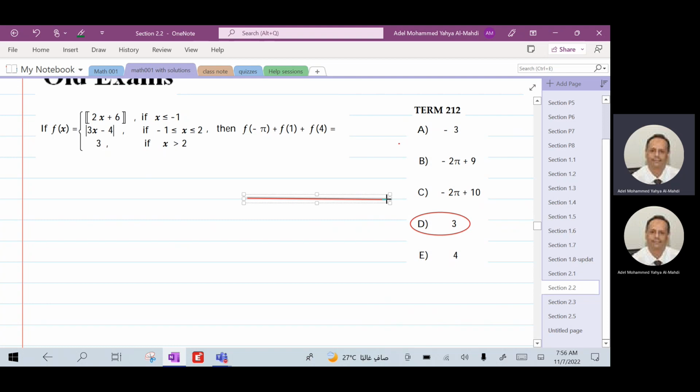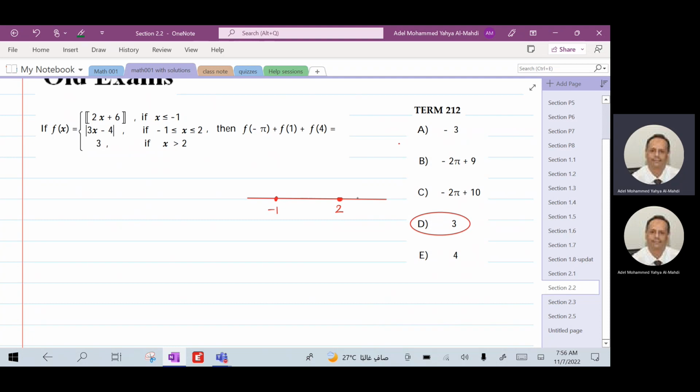Our function is defined on less than or equal to minus 1, between minus 1 and 2, and bigger than 2. So for x bigger than 2, the function is 3.